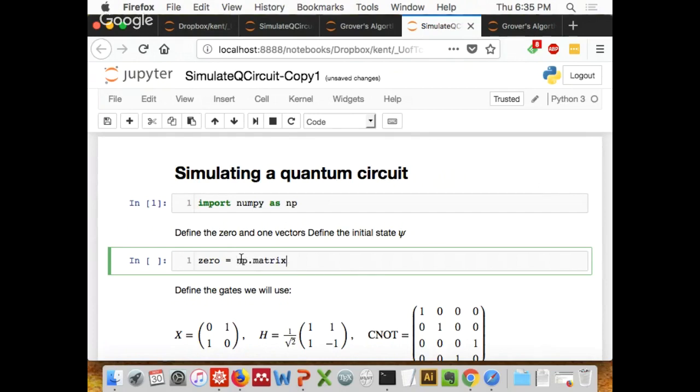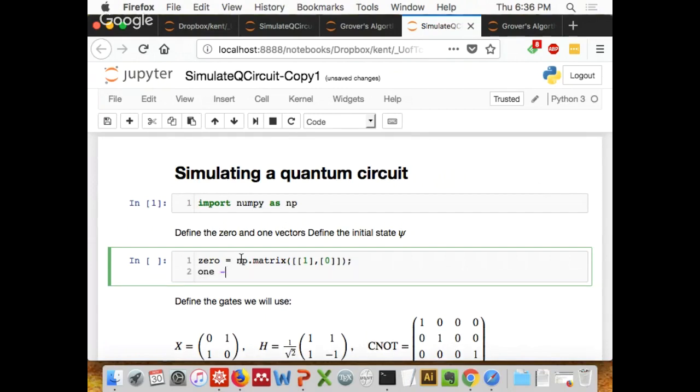You could do this as a list, but because we're going to do a lot of matrix math, I found it easier to just do this right away. So we're going to say our 0 qubit is just this 1, 0 vector. And we'll call our 1 qubit this vector.